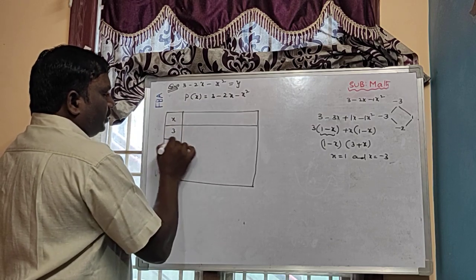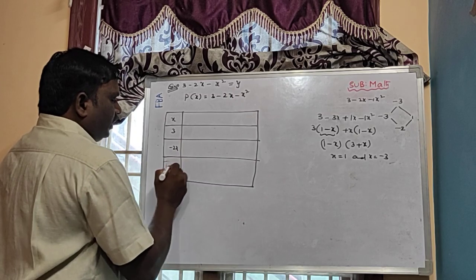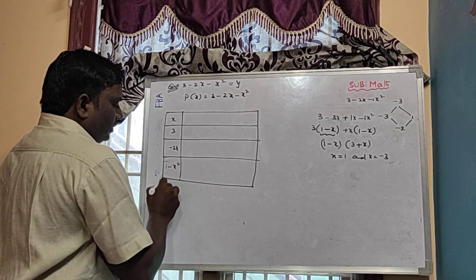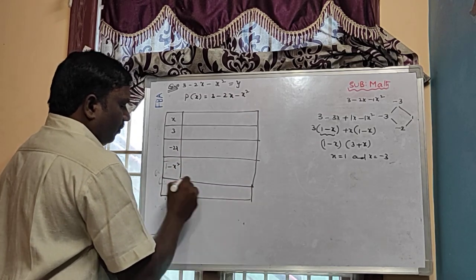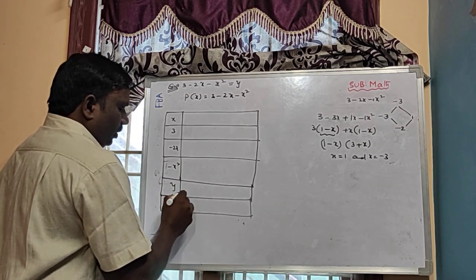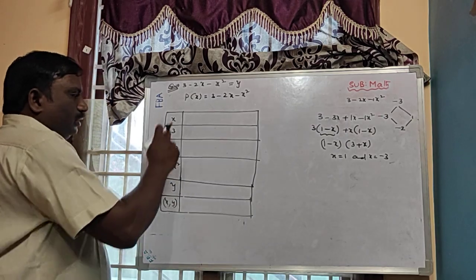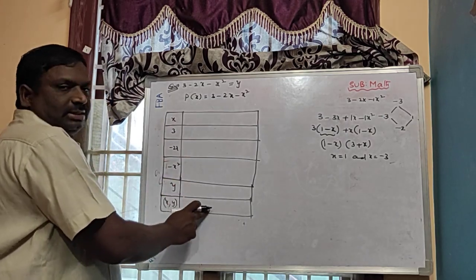Then 3, minus 2x and minus x square, the next one is for y, and the next one is for the x comma y point.